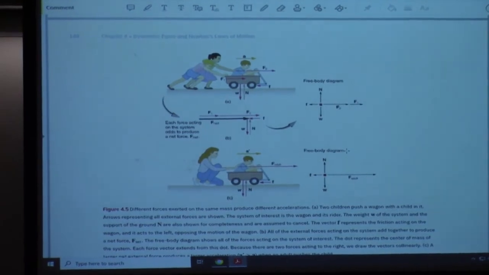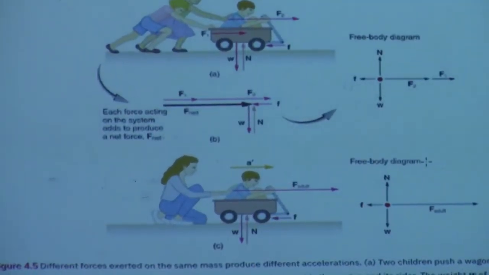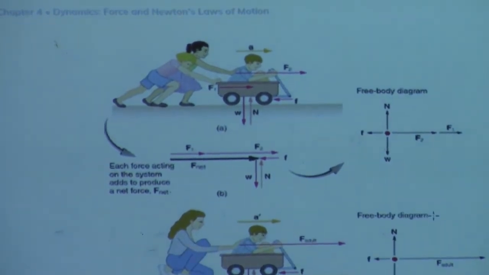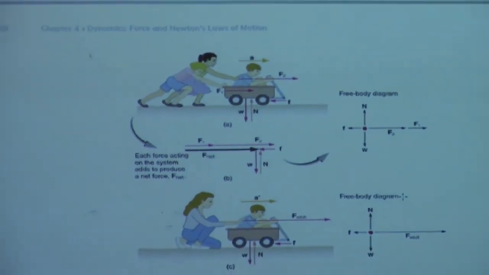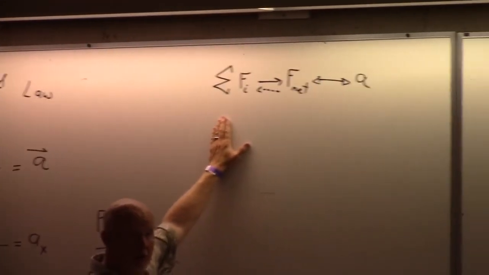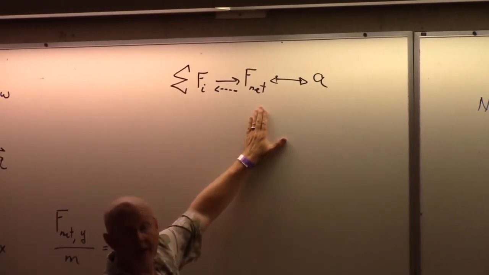Because even though I've been saying over and over again, trying to make it sound simple, it doesn't always come out simple the first time students do this. I'm sure you're aware of that. But here's what we need to do. Step 1 is we need to figure out what forces they are so that we can then add them together.